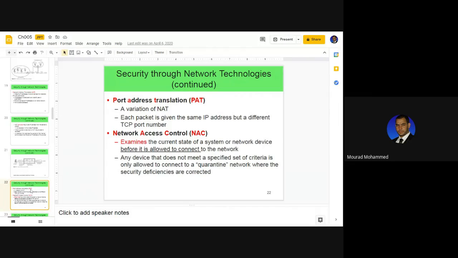From the same concept as network address translation, we have port address translation. In network address translation, we talk about the IP address. In port address translation, we talk about the ports. What's the difference?